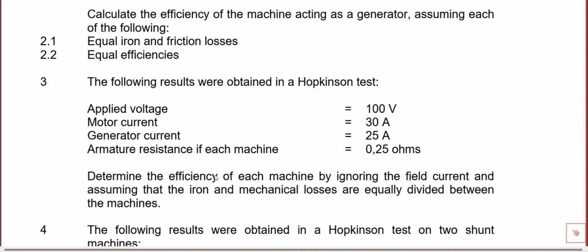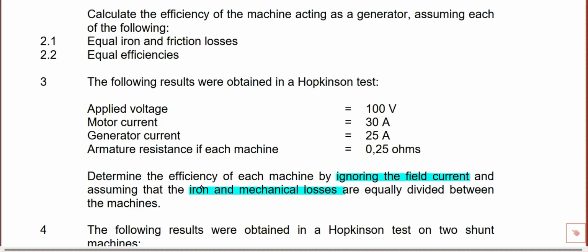Then it says determine the efficiency of each machine by ignoring the field current. That's your keyword. And assume the iron and friction losses are equally divided between the two machines.